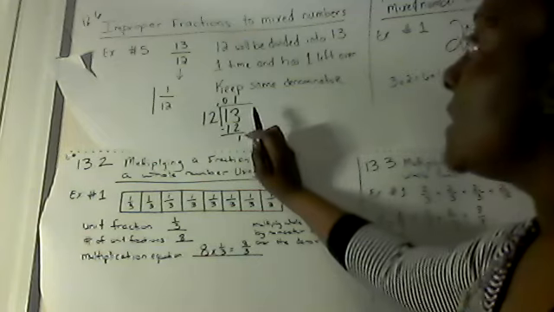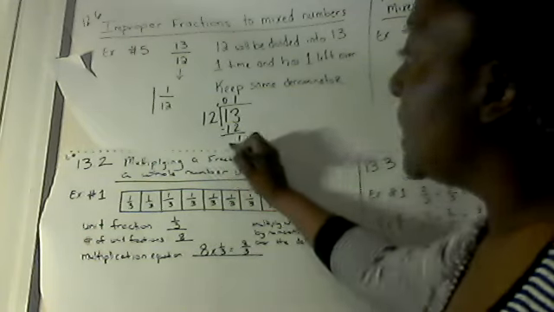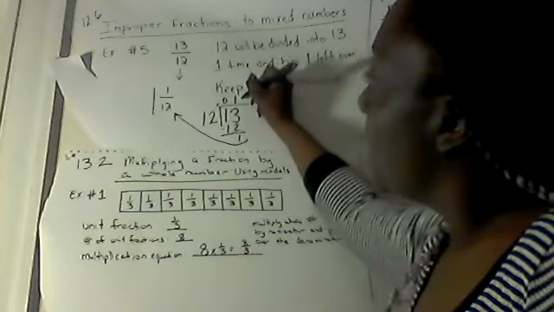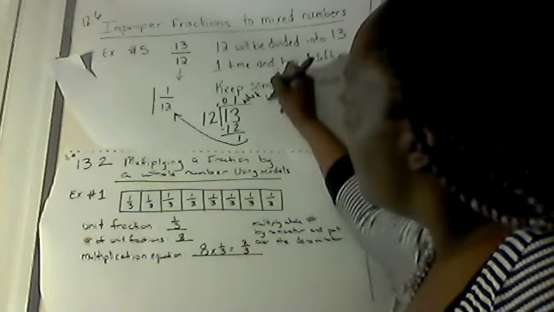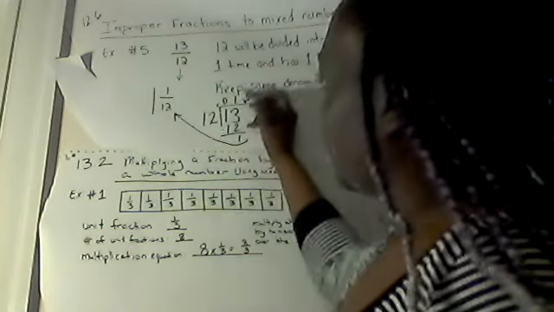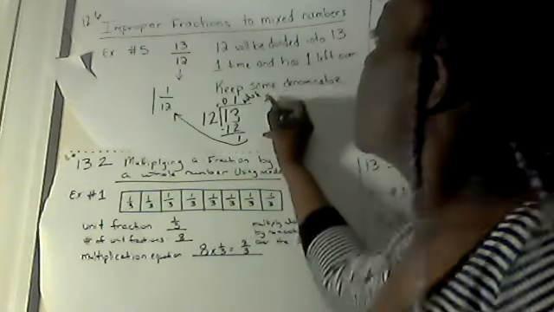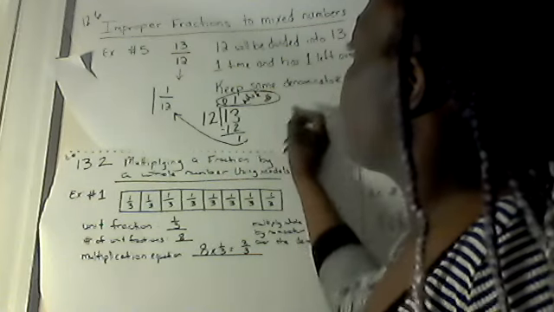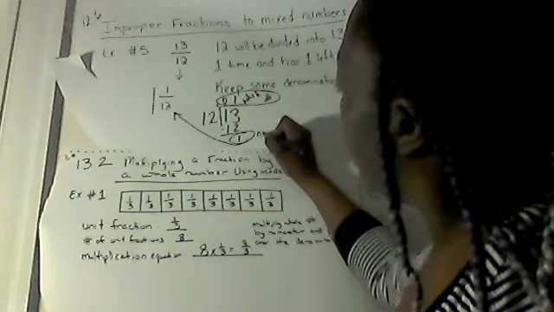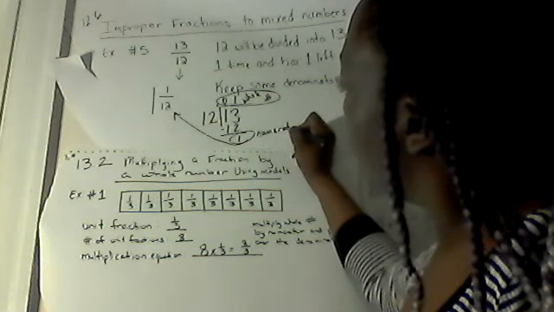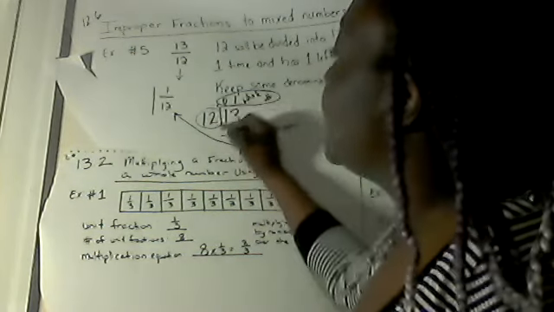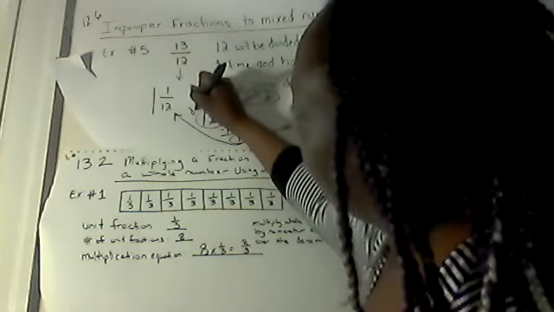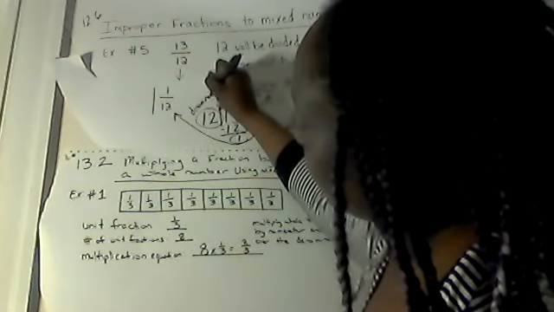answer as a mixed number, which we take this over here. The number here, my whole number, is my quotient. So this is the whole number. This is my numerator. My remainder is my numerator. And then my divisor is my denominator.